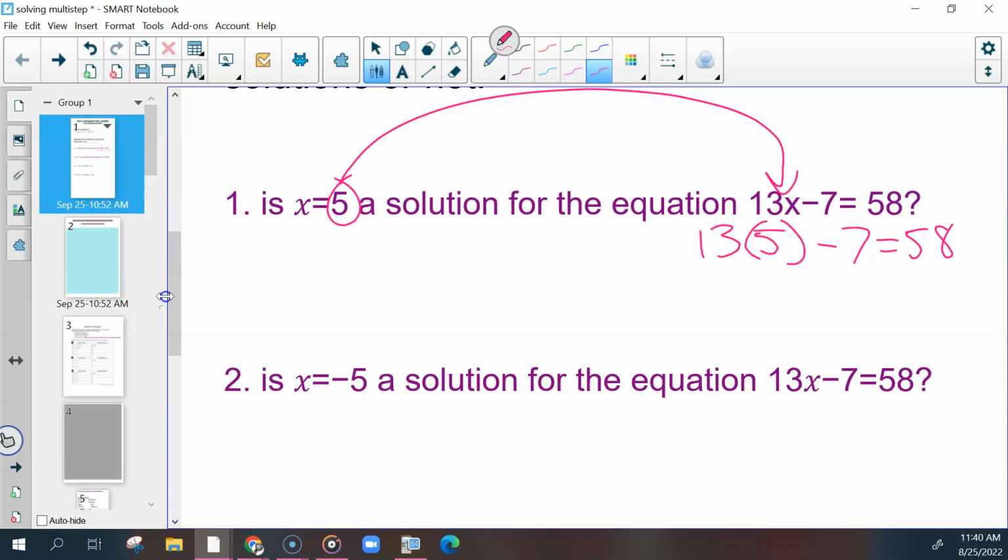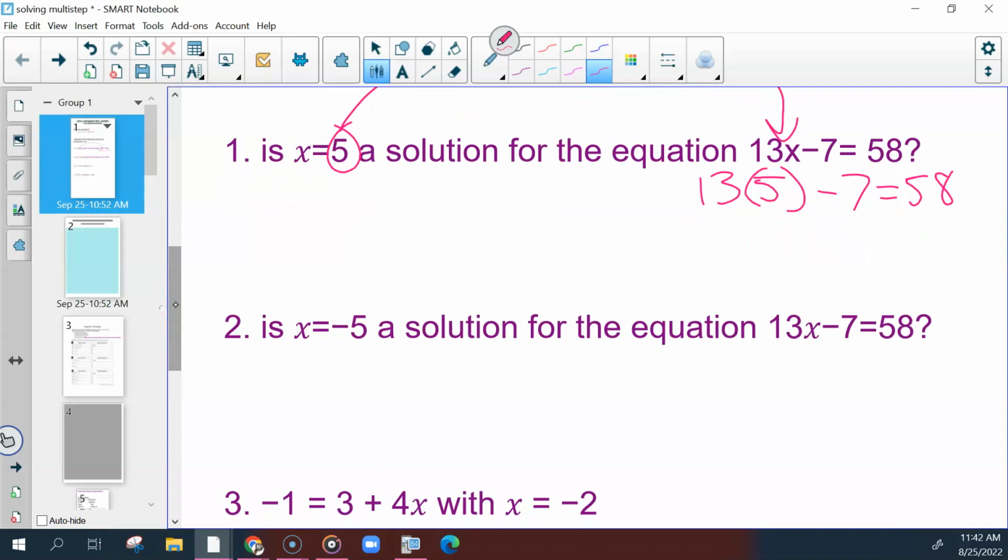Did I give you guys calculator numbers last time? No, I was going to, and then I think we ran out of time. So let me do that really fast. All right, 13 times 5 would be what? You guys can say this out loud. 65.